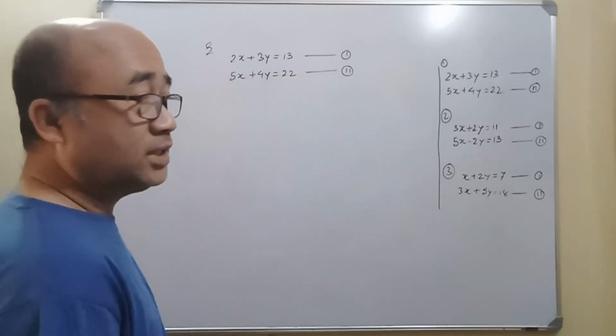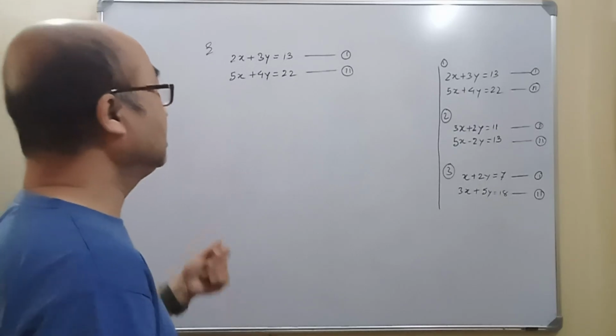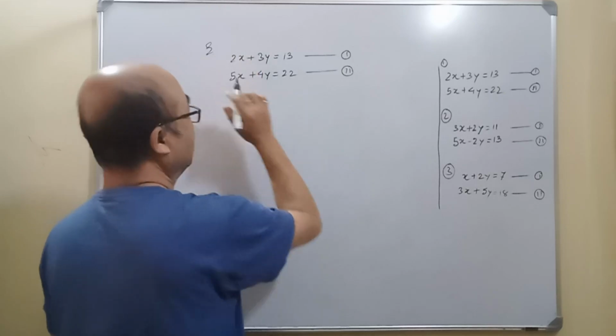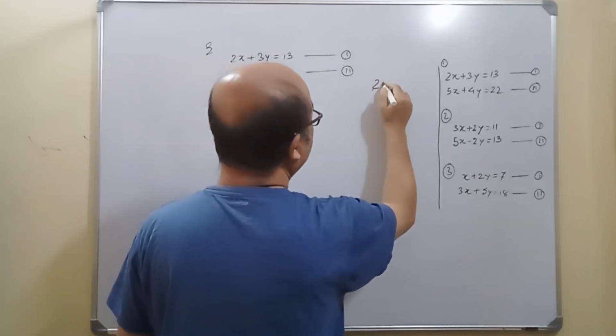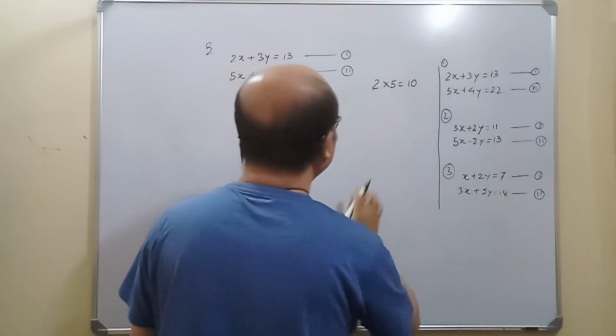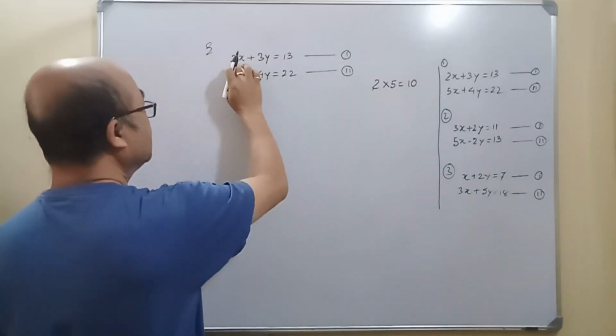And how will I do it? First I will take the LCM of the coefficients 2 and 5. The LCM of 2 and 5 is 10. So I will multiply the first equation by 5.